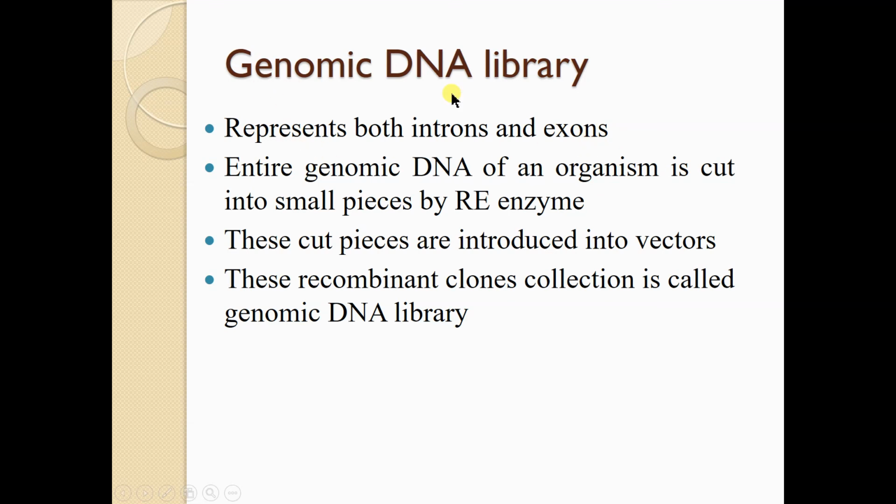So this genomic DNA, as we have taken the DNA directly, contains both introns and exons. The entire genome of the organism is cut into small pieces by restriction endonuclease enzyme. These cut pieces are introduced into the same type of vectors. This collection of recombinant clones is known as the genomic DNA library, because it contains the whole genome, which contains introns as well as exons.